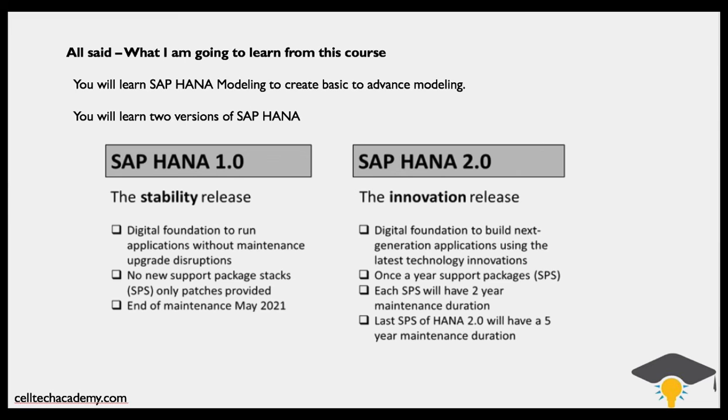HANA is pretty much an agile product, and they keep on upgrading, which is not typical with SAP. Right now they have become very agile, so a lot of new products are coming into SAP HANA, which we will talk about in our modeling course. Once you complete this course, you can also take the other courses.